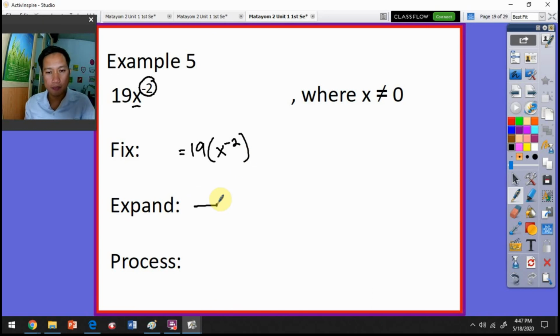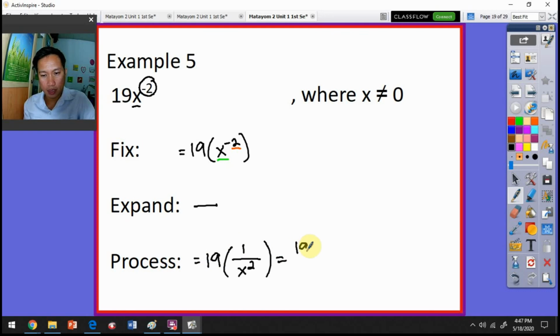All right, now let's identify the base, exponent. All right, so we have 19 times, you flip this one, 1 over x squared. All right, so we can still simplify this. 19 times 1, 19 over x squared.